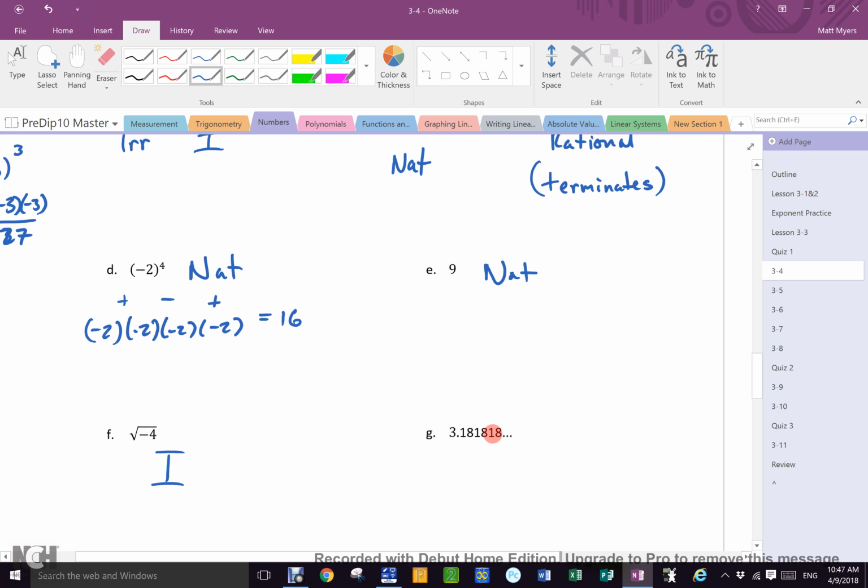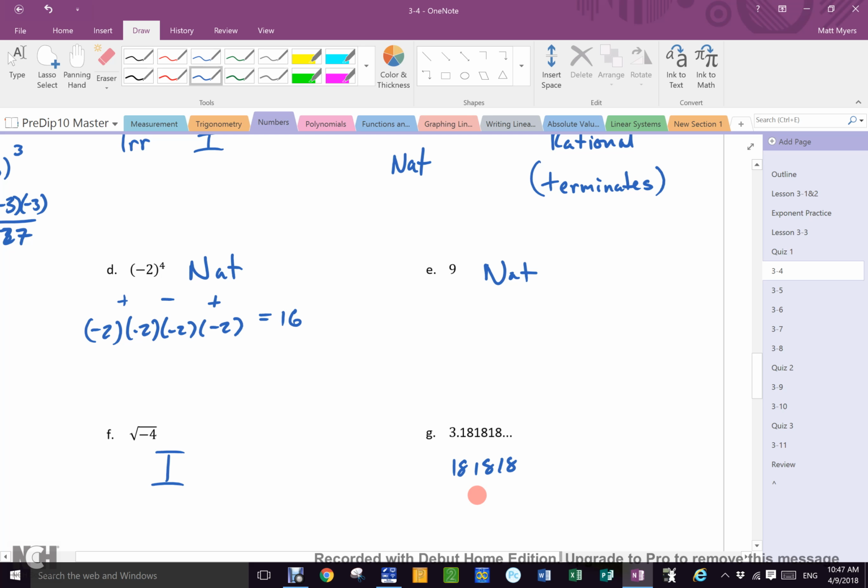And what about this one? Look closely. It's rational, because 1, 8, 1, 8, 1, 8 repeats, right? Now wait, is there a bar over it anywhere? No. There's the dots though. The dots mean this carries on.